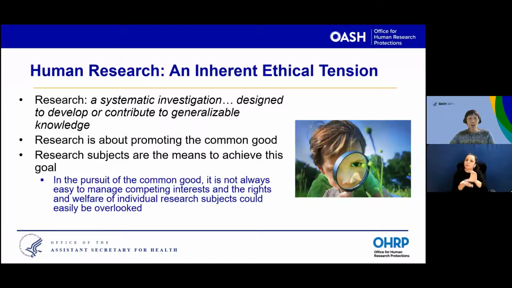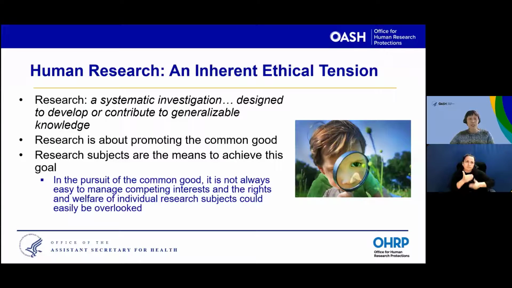Now, when we involve humans in our research projects, we are really using them as a means to achieve this end. Now, as scientists, most of us are trained to be very pragmatic. So we want to get to our results and we want to get there quick.